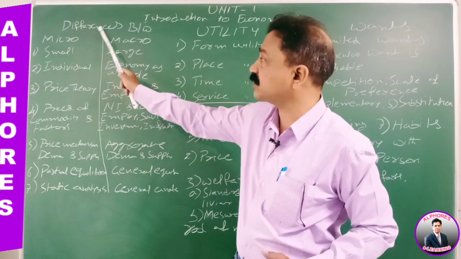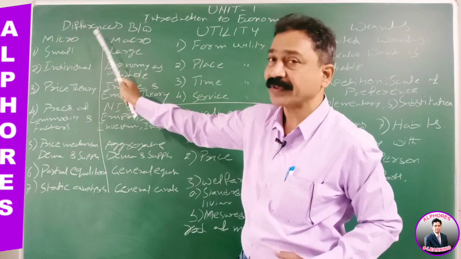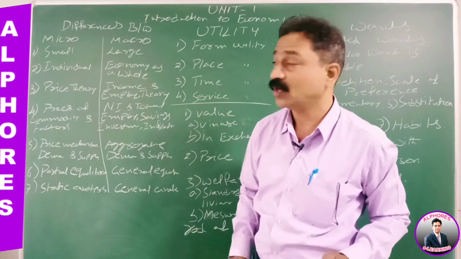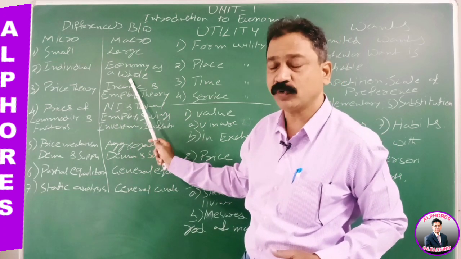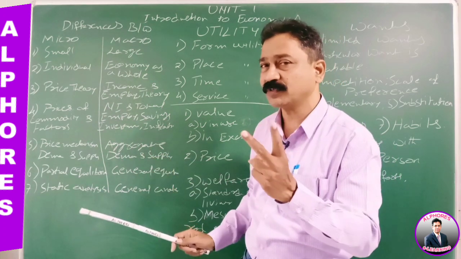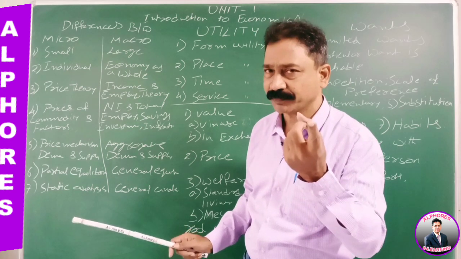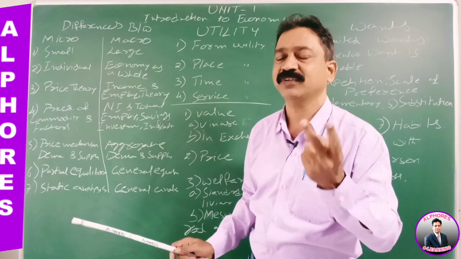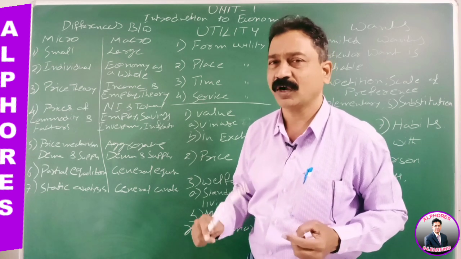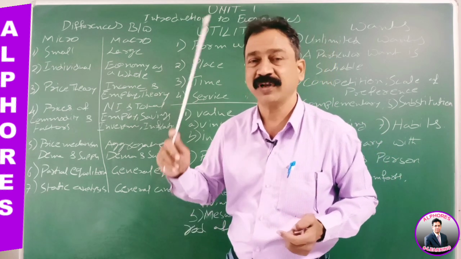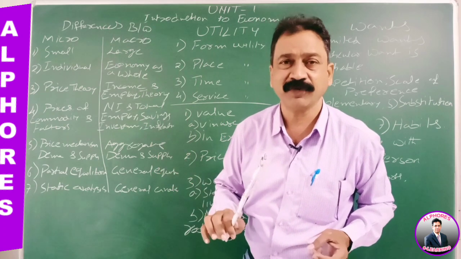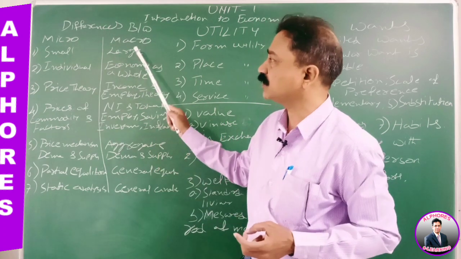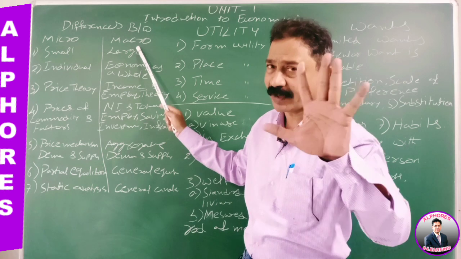These are the differences between micro and macroeconomics, and this is a very important topic to understand for both purposes, one for knowledge and another for marks in the exam. Not only in unit tests and daily tests, even in the final exam there are plenty of chances that you will see this question for 5 marks.